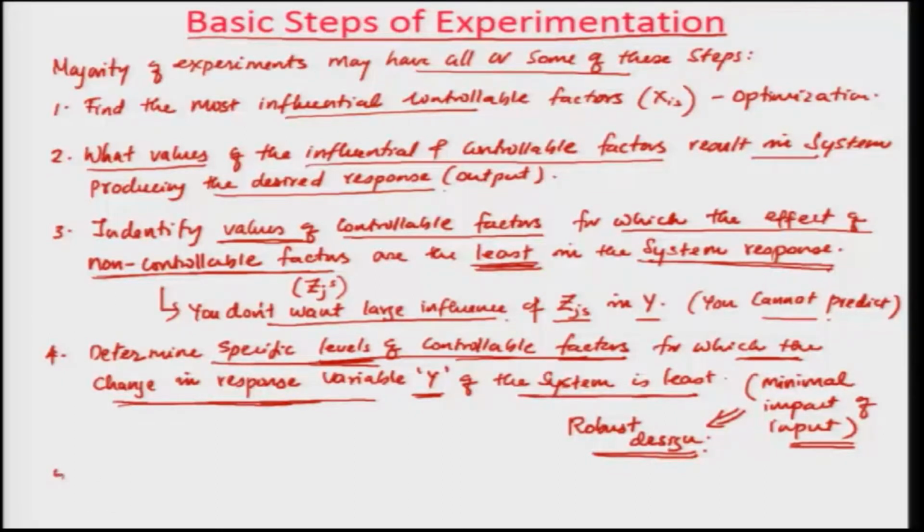Then the fifth one, okay, which is important for us. I mean, I can tell you that all these 5 are important for us. There are so many other reasons or steps in experimentation, but these 5 steps are of more importance to us.